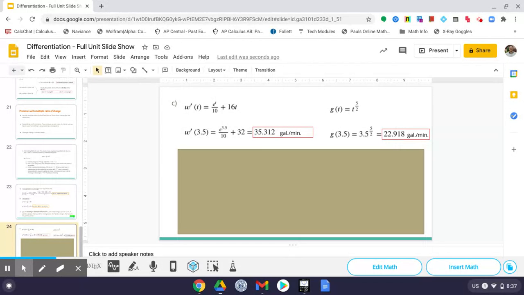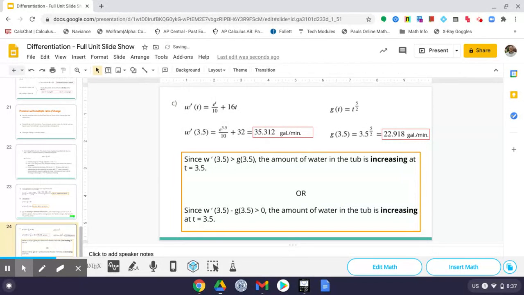So what's going to happen? Since w prime of 3.5 is greater than g of 3.5, the amount of water in the tub is increasing. Or we can look at it this way: if I subtract the two rates, that also tells me what's going on. If w prime minus g is greater than 0, then the amount of water in the tub has to be increasing. If this was flipped, if w prime minus g was less than 0, then the tub would be losing water, or the amount of water would be decreasing.